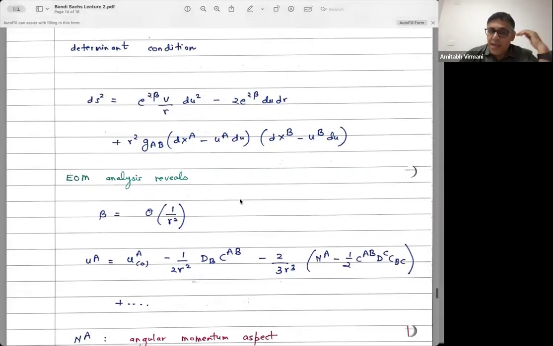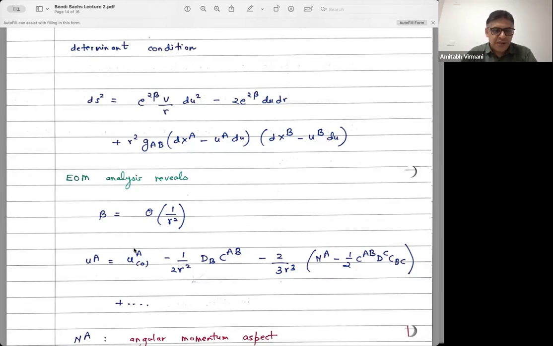Now, as before, one has to do an equation of motion analysis in a sequential order. This has been done in great detail in a number of papers. Equation of motion analysis reveals that this function beta starts with 1 over r squared. And the U function has more integration constants than you might naively expect.